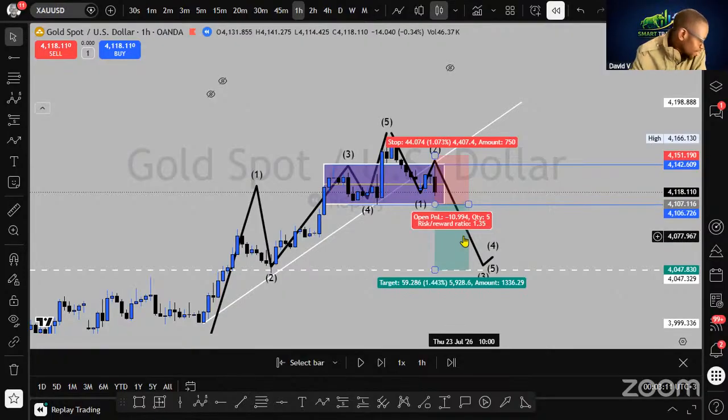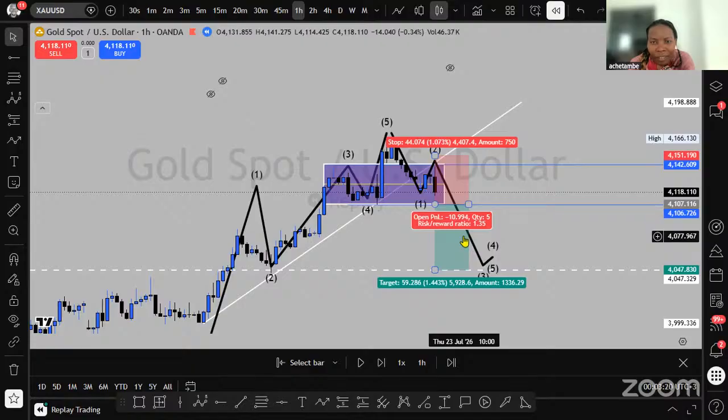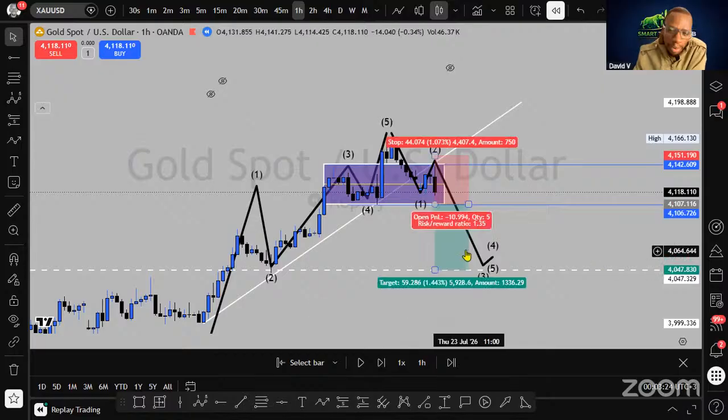It is a sell, so it is a sell what? A sell what? This is a sell stop.